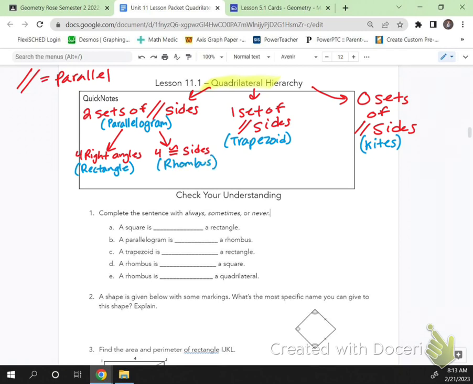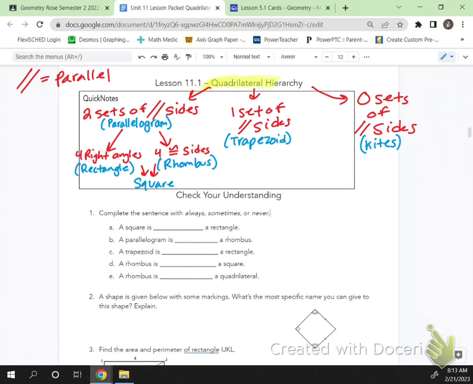I'm going to put square down here at the bottom because a square has all of these things, right? We have 4 congruent sides. A square has all of these things, right? It's the most specific quadrilateral.